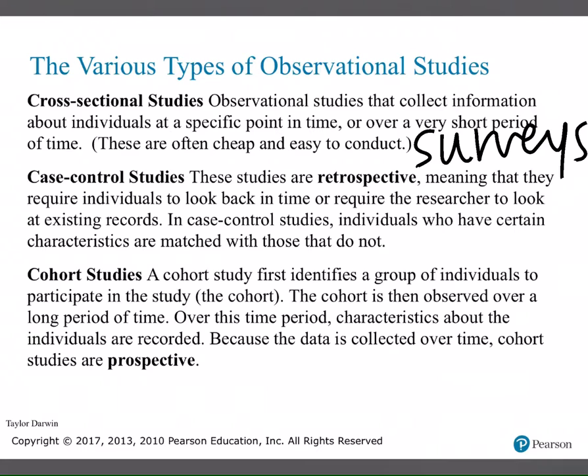Case control studies are studies that are retrospective, which means that you can look back in time to get information and compare it to what you're looking at now. And in these case control studies, individuals who have certain characteristics are matched with those who do not. A lot of hospitals do this.